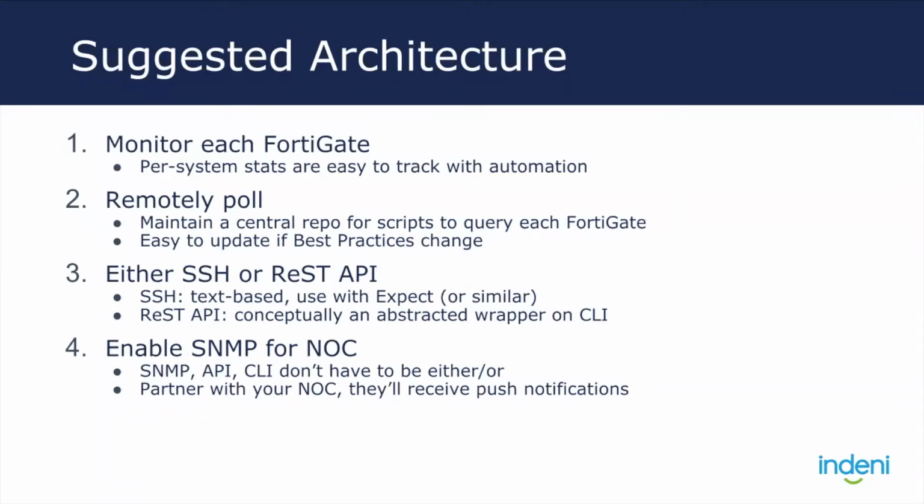Use either SSH or REST API based on your comfort level with it. And despite what I said about SNMP, turn SNMP on. I say this because most companies that are large enough to use Fortinets have a dedicated NOC that monitors the SNMP system, or that monitors a number of different devices using SNMP.